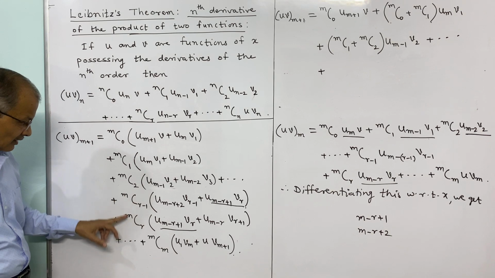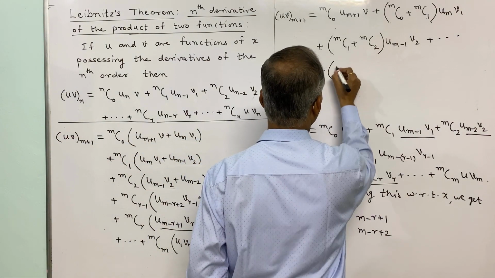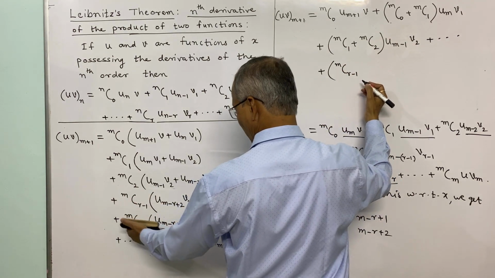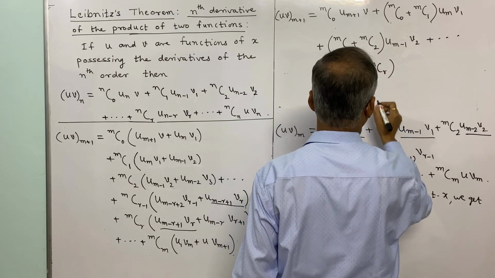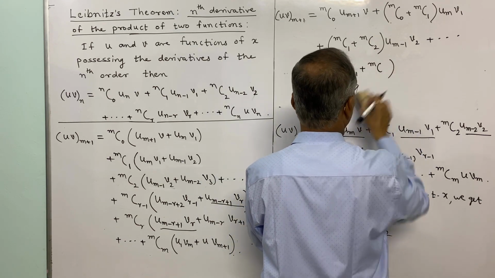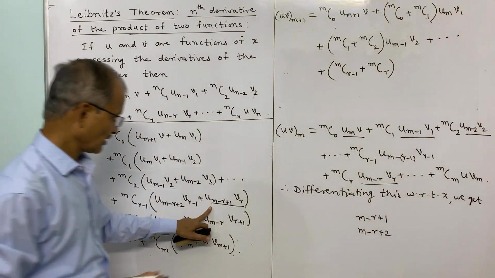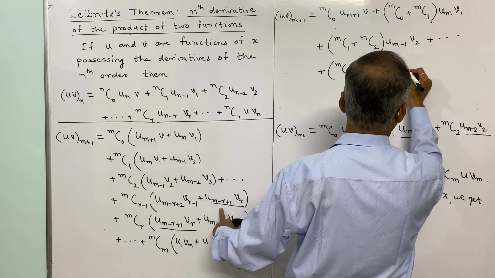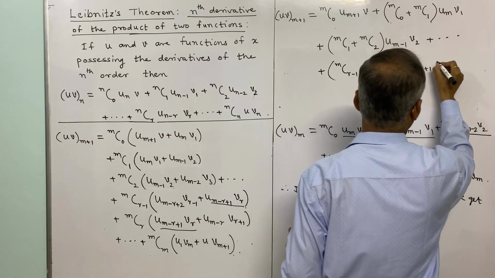So in bracket these two terms will be there, that is m choose r minus 1 plus m choose r is common, and what remains outside this bracket is this term, the m minus r plus 1 derivative of u into vr.